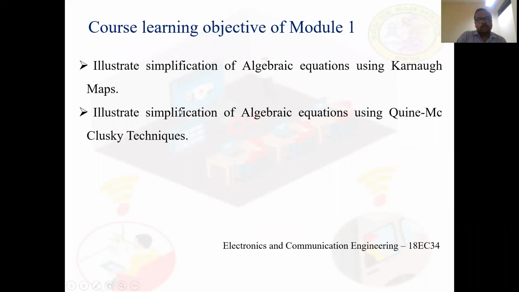The course objectives for Module 1 are to illustrate the simplification of algebraic equations using K-map and to illustrate the simplification of algebraic equations using the Quine-McCluskey technique.